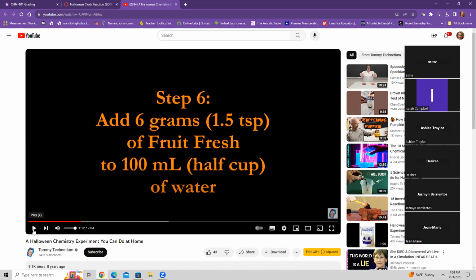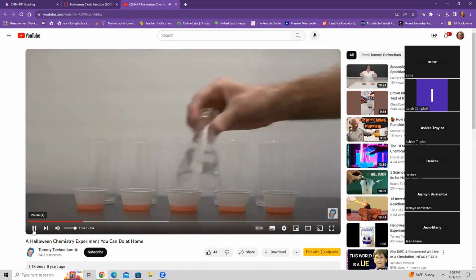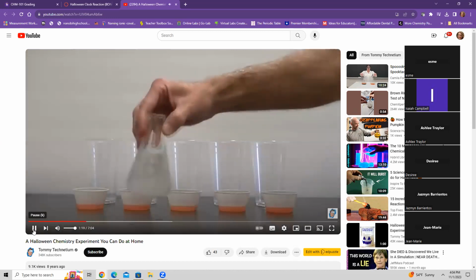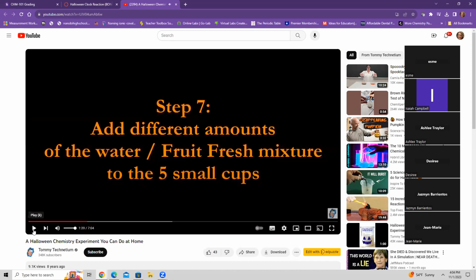So you're making a solution of this stuff. And then once you've made that solution, you need to add different amounts. And this is where it goes.